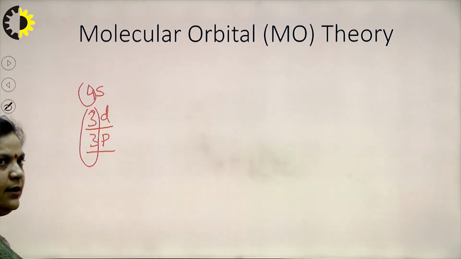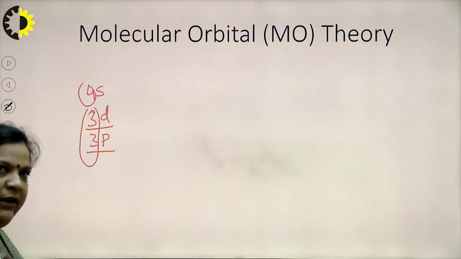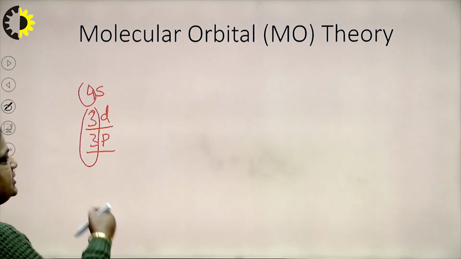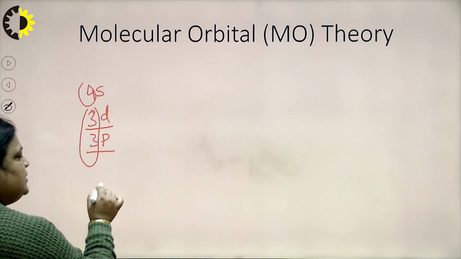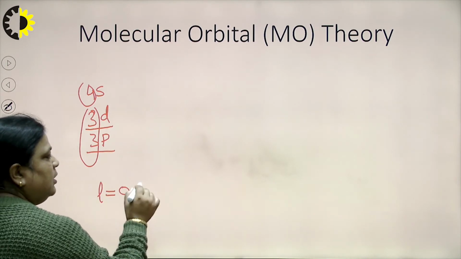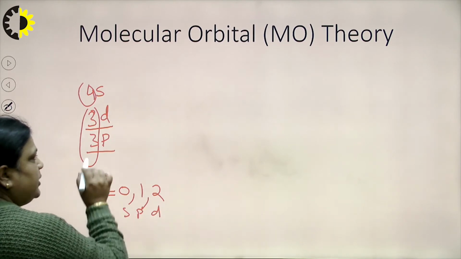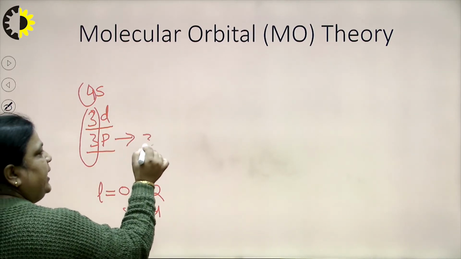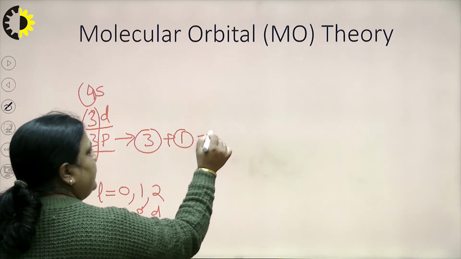Is it clear? Now, in case of 3p and 3d, because both have the n value 3, let us check the value of n plus L. L is 0 for an s orbital, 1, 2 for s, p, d, like this. So, in case of 3p, n plus L is 3 plus 1, that is 4.